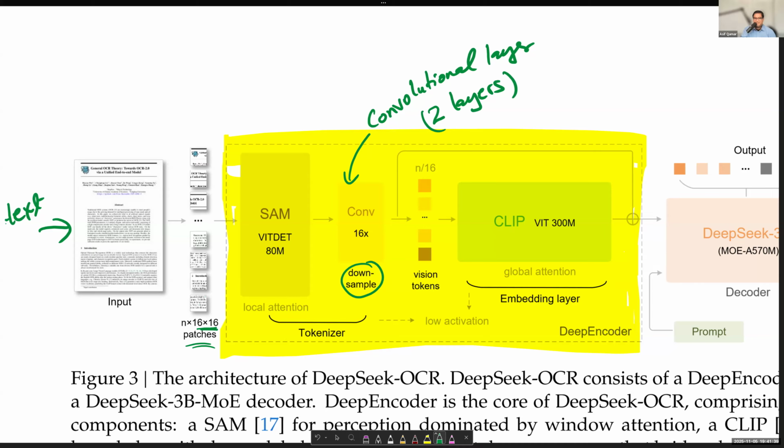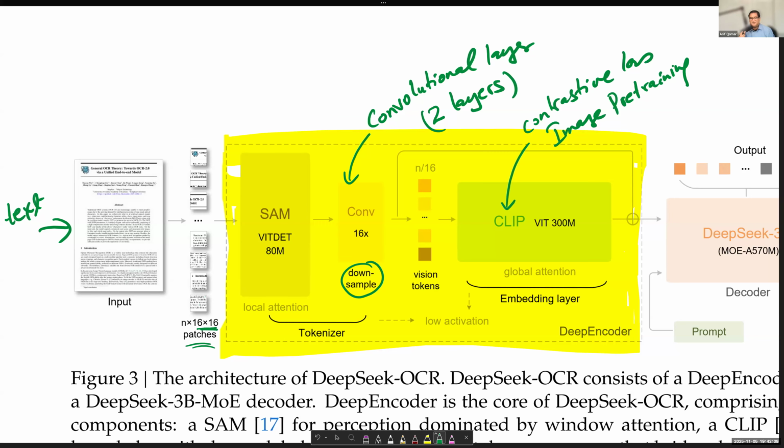When they have become that, you take all these vision tokens. Now that you have vision tokens, imagine what happens when you put them through CLIP. Just as a recollection, CLIP is your contrastive language-image pre-training.